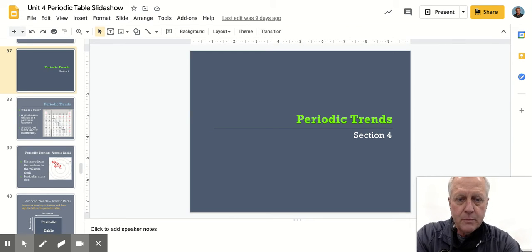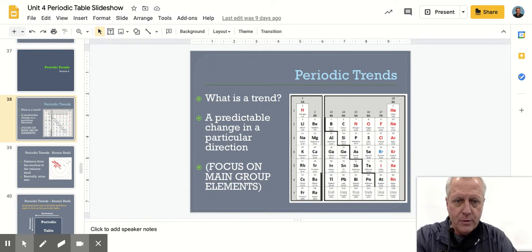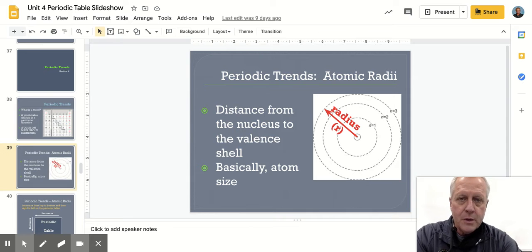Let's talk about what's known as the periodic trends of the periodic table. And the first one we want to focus on is atomic radii. So, what is that about? If we look down through our slides here, the atomic radii is really the distance, measured with a unit of distance from the nucleus to the outer edges of an electron cloud.